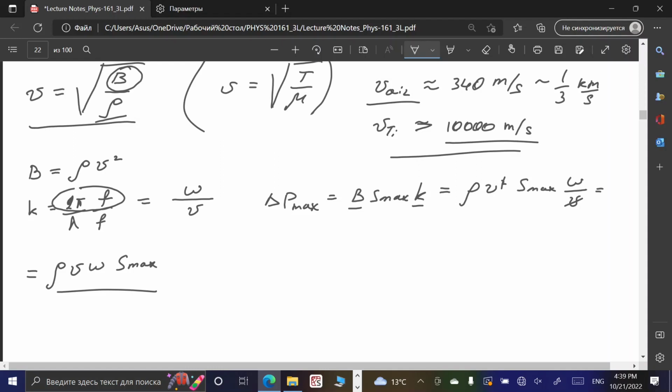So that is useful for further considerations. And obviously, in real life, we operate with measuring change of pressure. However, it gives us a relationship between two wave functions which describe both displacement of the medium and change in the pressure. So let us now summarize our discussion for today.